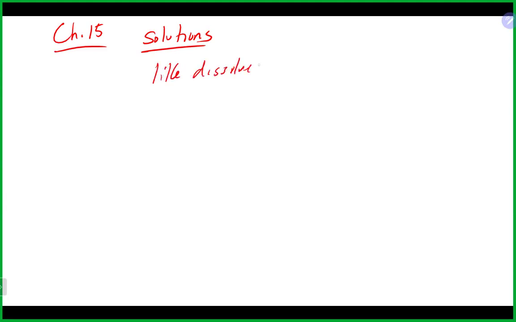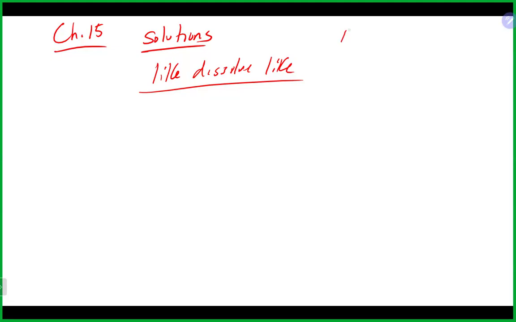Okay, we're on chapter 15, and we started talking about solutions a little bit more. We talked a lot about the idea of like dissolves like. Really, what that means is that things that use similar intermolecular forces will usually be soluble in each other.